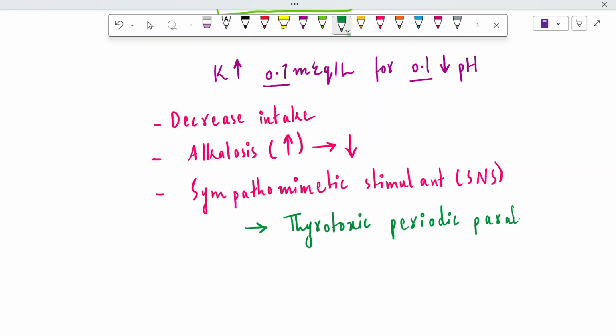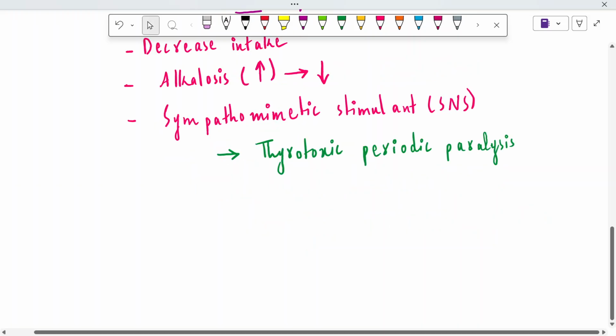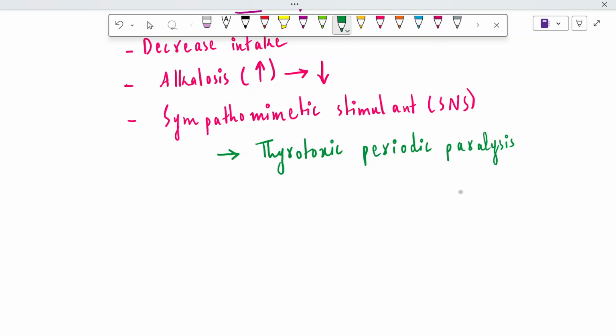In thyrotoxic periodic paralysis, this condition causes potassium to move inside the cells, and when potassium moves inside the cells, the extracellular amount of potassium will reduce, and that's what we call hypokalemia.